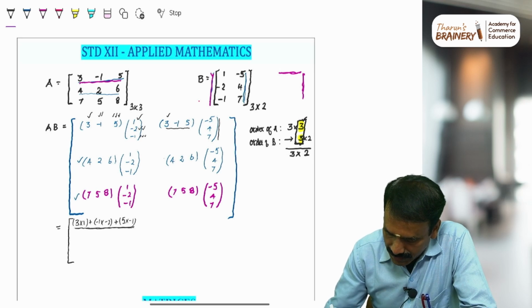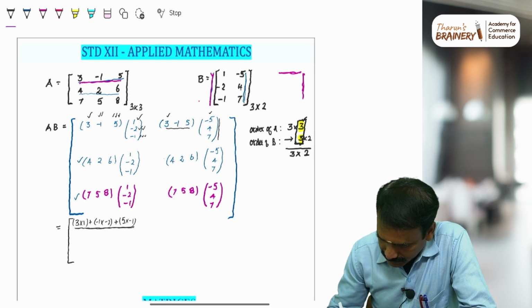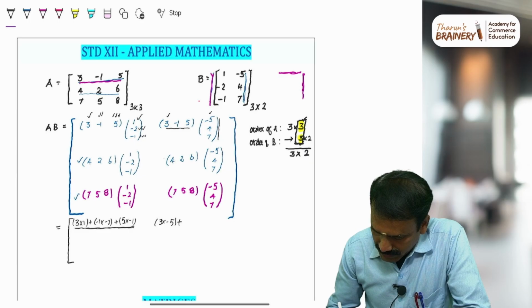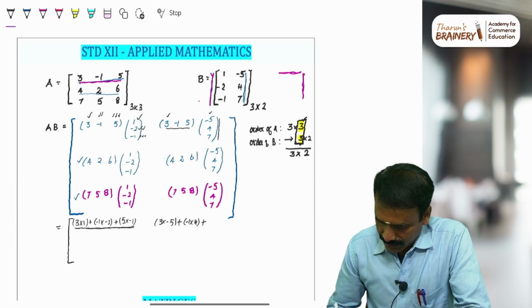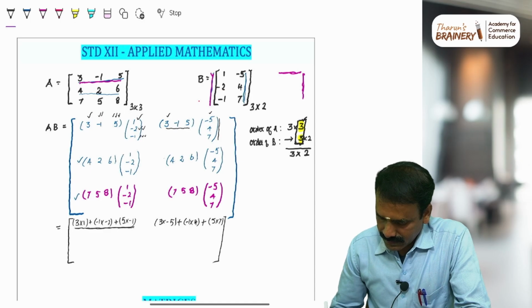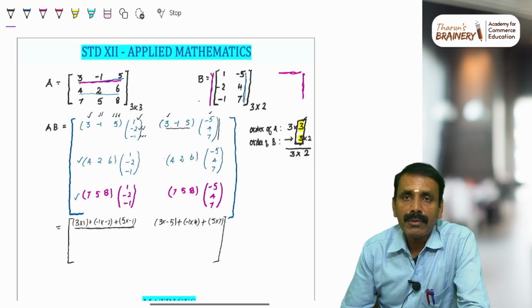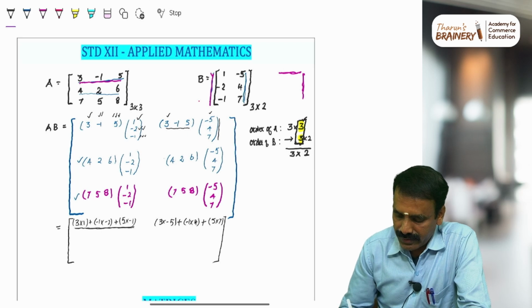So 3 is multiplied with minus 5, plus minus 1 is multiplied with 4, plus 5 multiplied with 7. So I finished first row, second column element. I found the product. Yet to simplify, we will do it later.